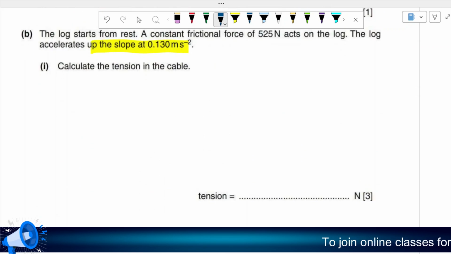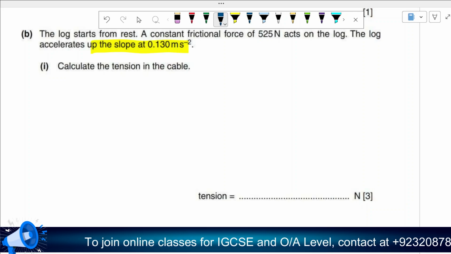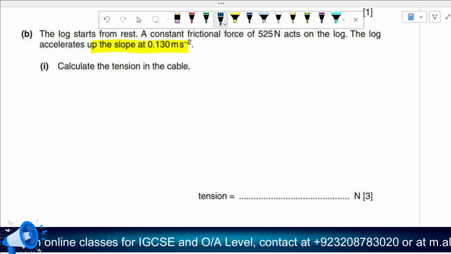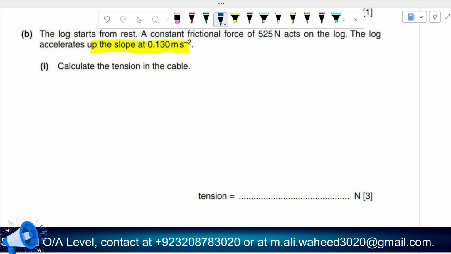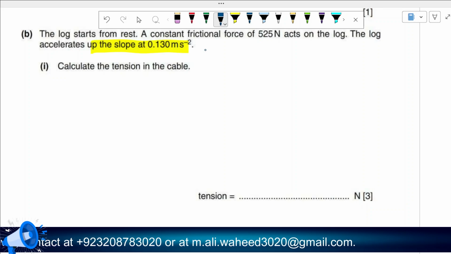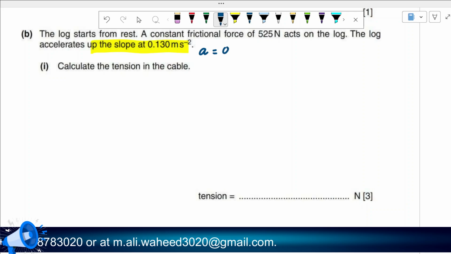The log starts at rest. A constant friction force of 525 acts on the log. The log accelerates up the slope with the acceleration, which is given as 0.130 meters per second squared.